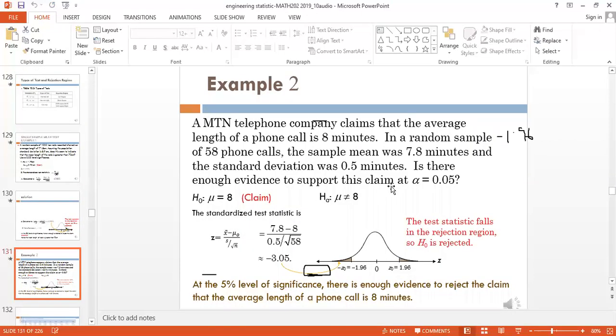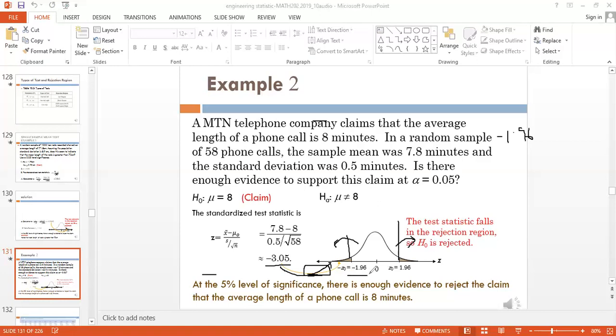So let's go back to our example. Which means that we're going to get negative 1.96, like you're seeing here. This is the first limit, negative 1.96, and the other limit will be positive 1.96. Any value that goes beyond this, crosses negative 1.96 or positive 1.96, means we are going to reject. Clearly, per the calculated value we have here, if we plot on the curve, we can see that it lies to the left of negative 1.96.